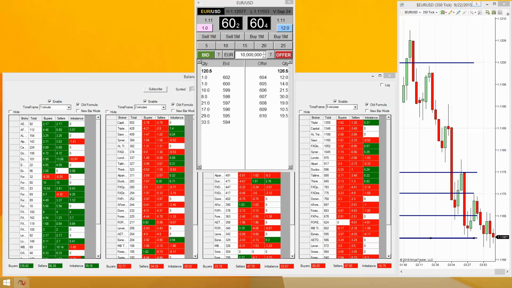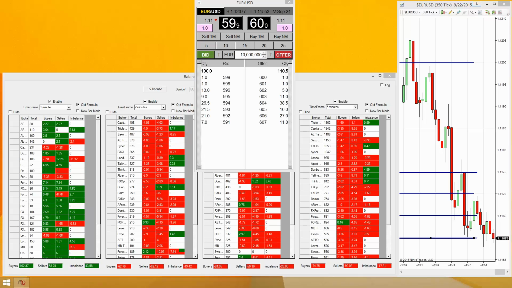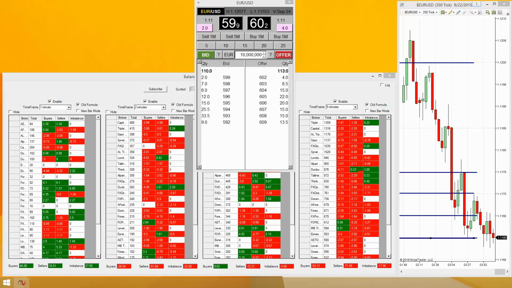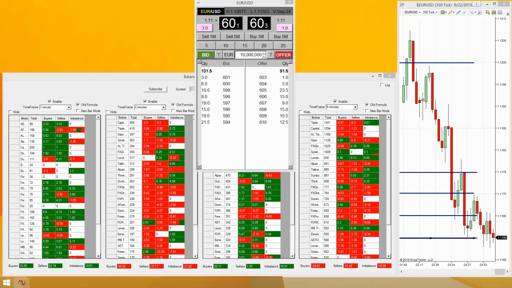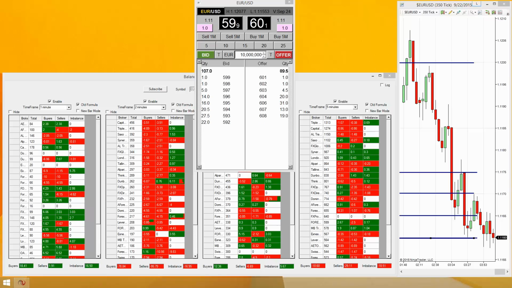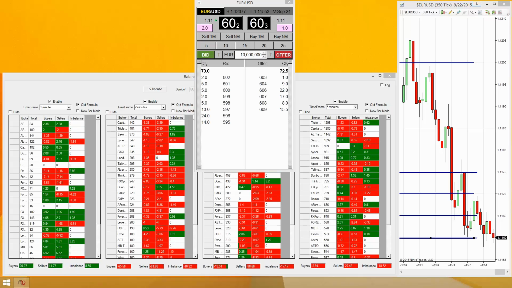My money management is different. Sometimes I risk more, sometimes I risk less, depending on market conditions, so lot sizes are different. I trade anywhere between 50 lots to 200 lots at a time. And the only strategy I use is order flow.